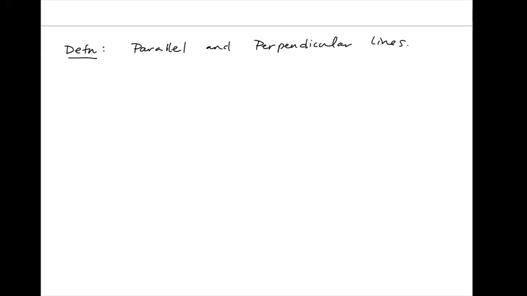So the definition for that. So number 1, two lines are parallel if and only if they have the same slope.